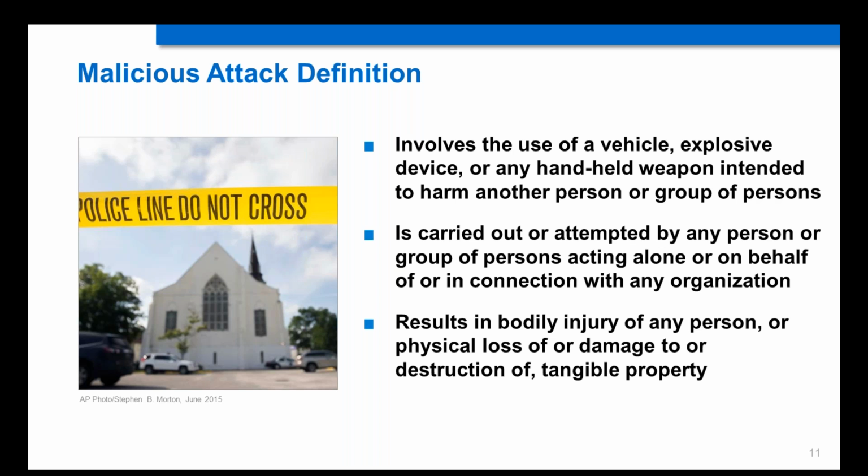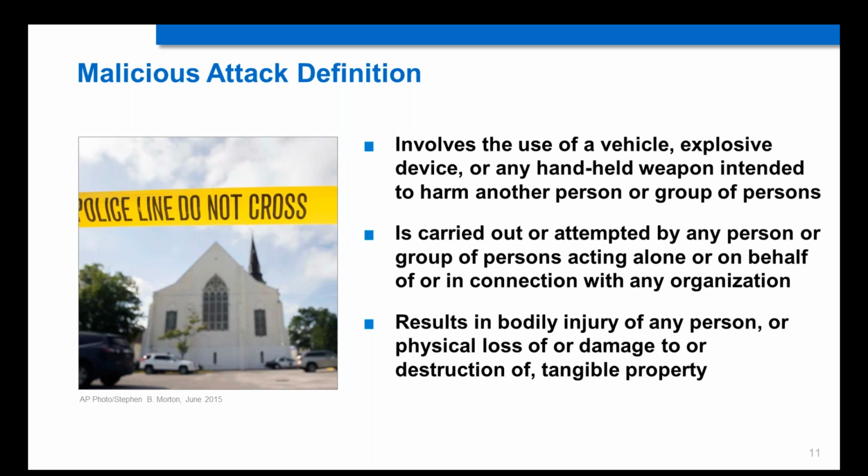So first thing we need to do is kind of define malicious attack. Malicious attack involves the use of a vehicle, explosive device, any handheld weapon intended to harm another person or group of persons. It's carried out or attempted by any person or group of persons acting alone or on behalf or in connection with any organization, results in bodily injury or any person or physical loss or damage, destruction to tangible property, i.e. buildings, contents.